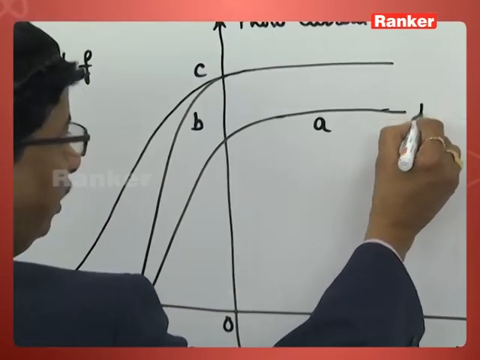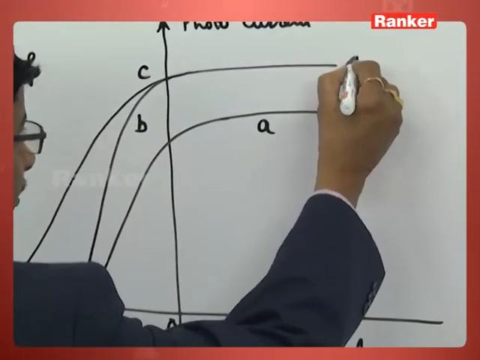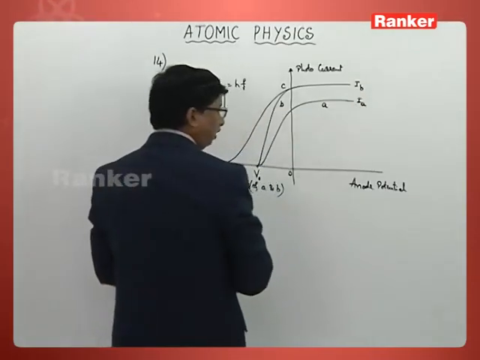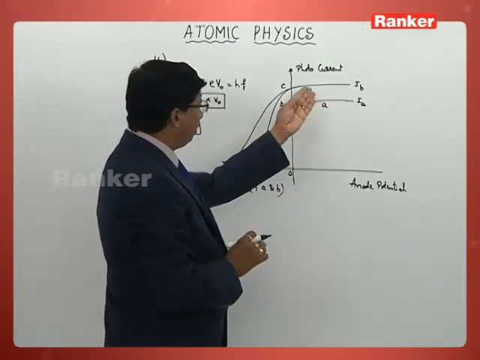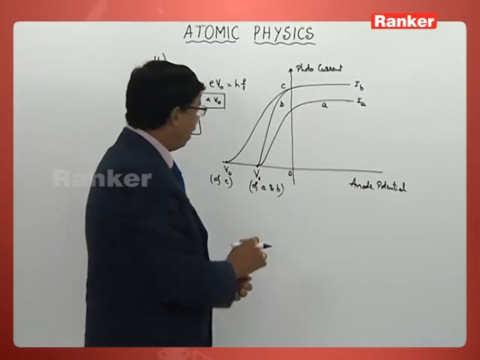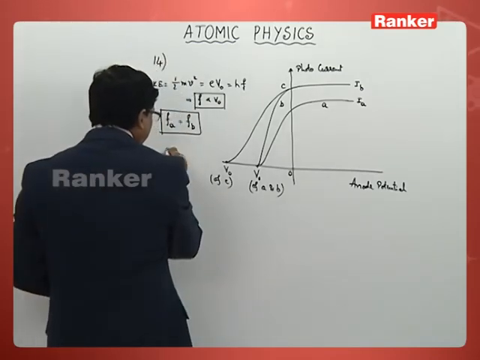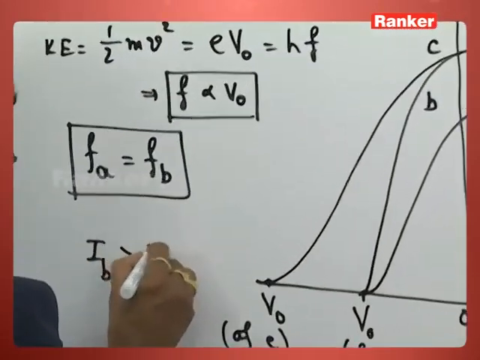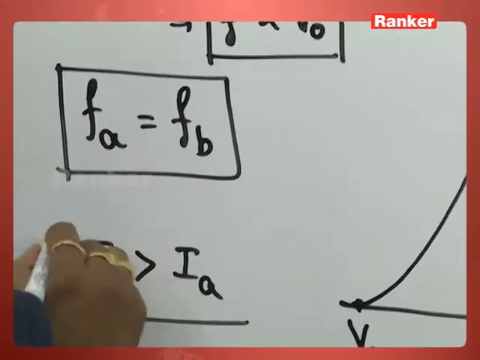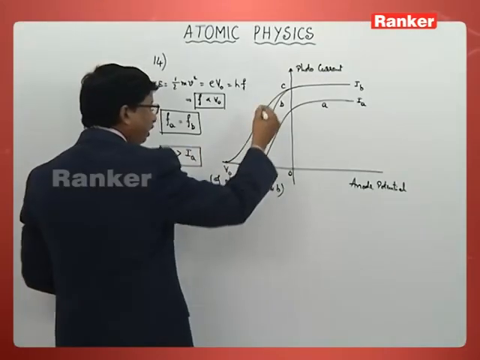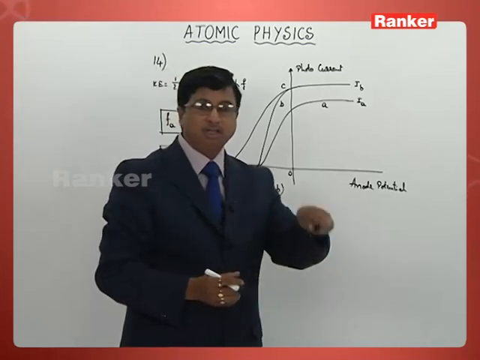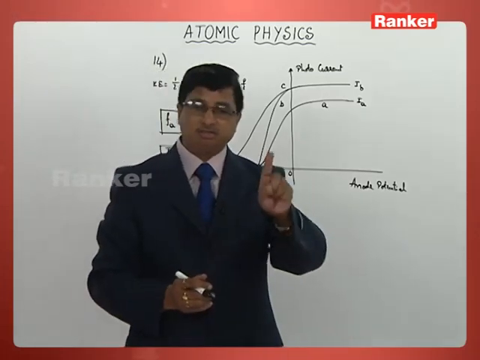If I write this intensity as IA and this intensity as IB, can't you understand by looking at these two graphs, IB is greater than IA. So the intensity in the second case is more when comparing to the intensity in the first case.